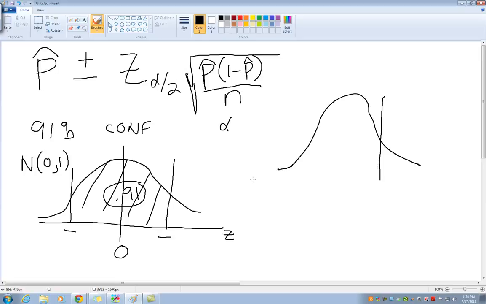So we need to realize that either this is 0.045 in the upper tail, or 0.955, that is 0.91 plus 0.045, in the lower tail. We want to find the z that makes this happen. That is our z multiplier.